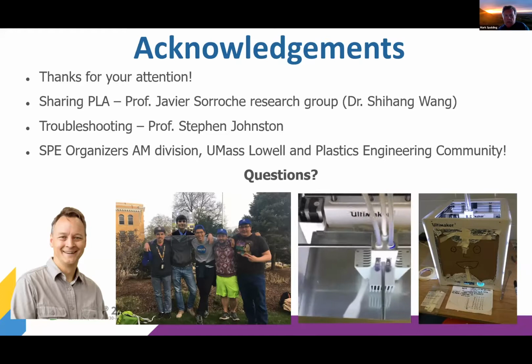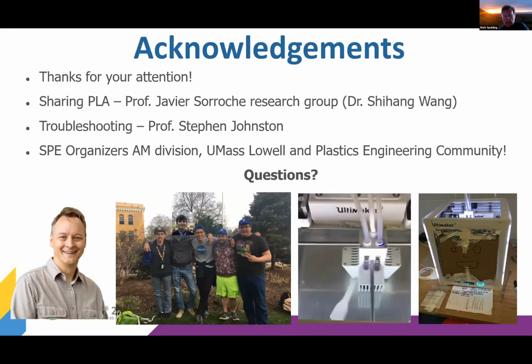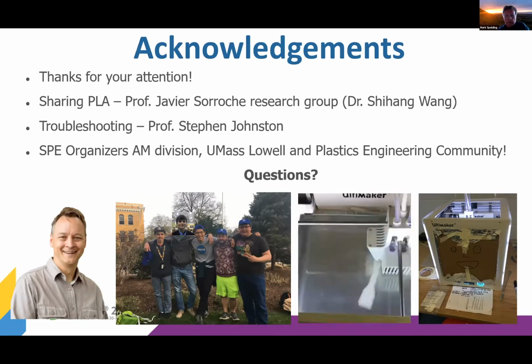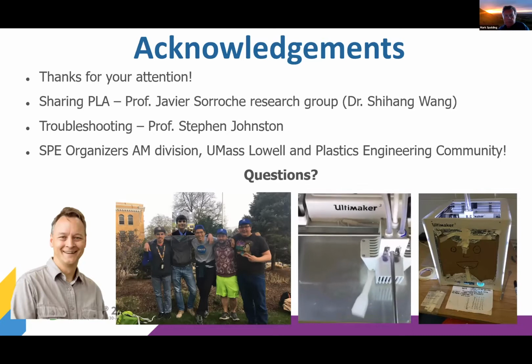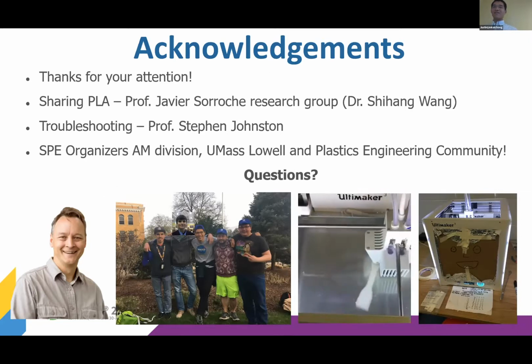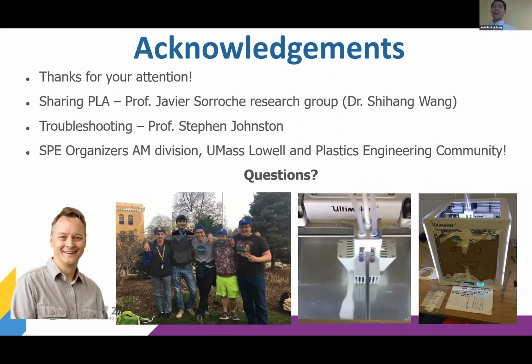Another question was, was the filament consistency issue intentional for the study, or were there issues with the extruder system? Actually, this research, we initially started out with polycarbonate filament. However, we had a lot of problems with that, which is why we shifted to polylactic acid.